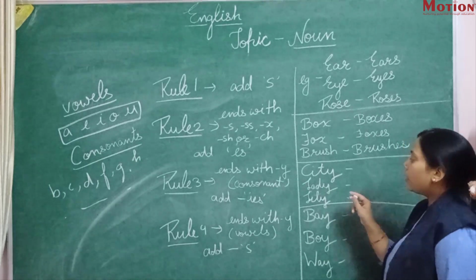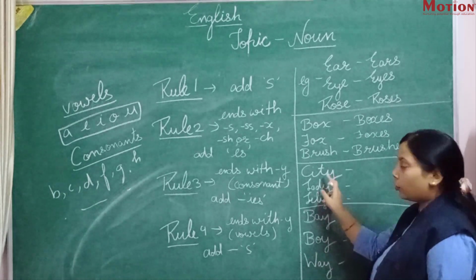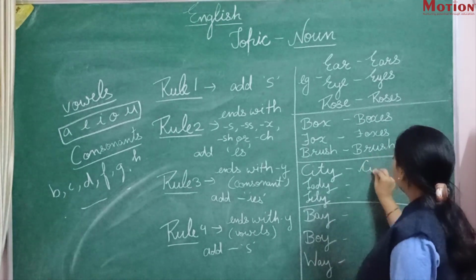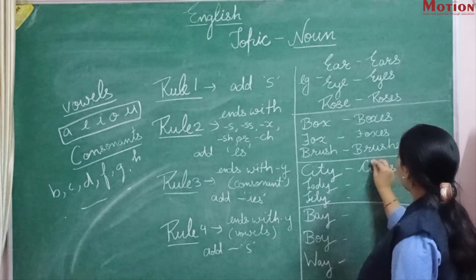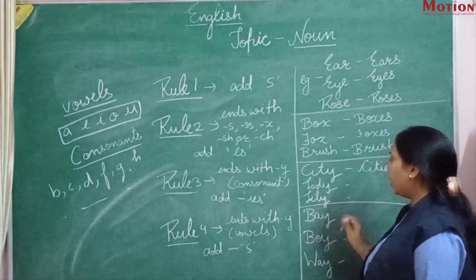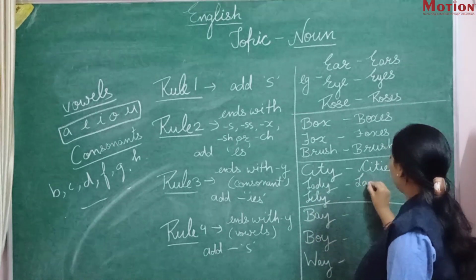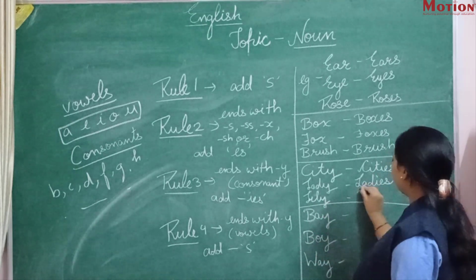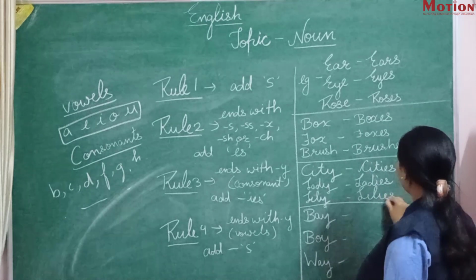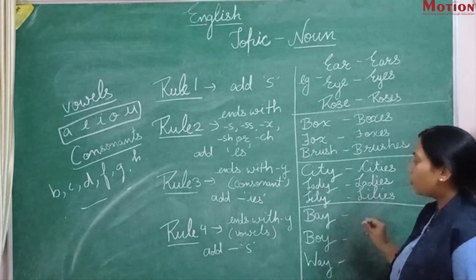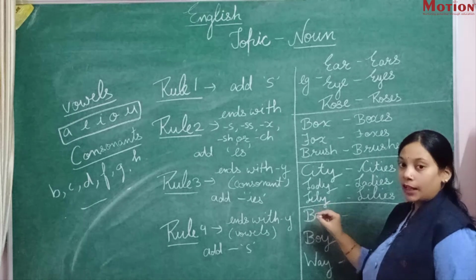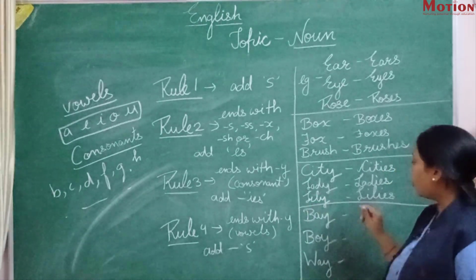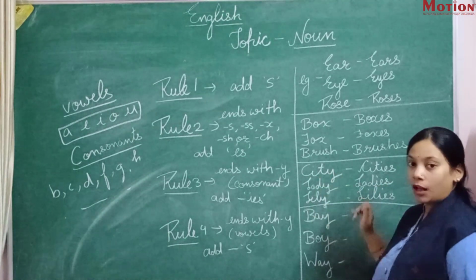Like city is ending with y, but before y there is t, a consonant, so cities. Lady, lily. These words end with y with a consonant before it, so we use ies.